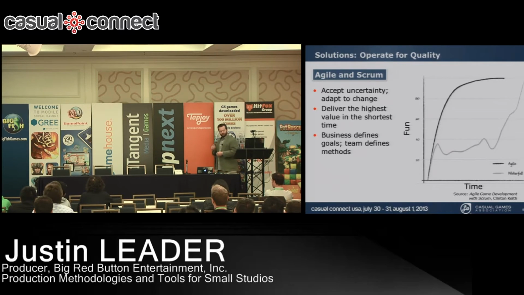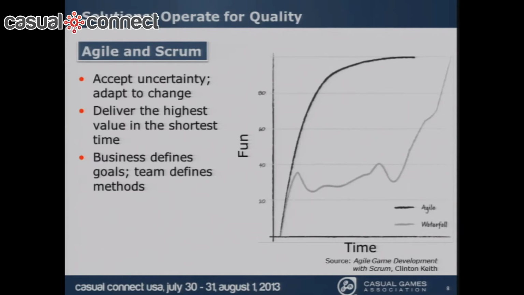Another great book, and I think the first read for Agile and Scrum for the game industry, is Agile Game Development with Scrum by Clinton Keith. This is a graph, idealized. It's an idealized version of the difference between waterfall, or standard project management, milestone by milestone.